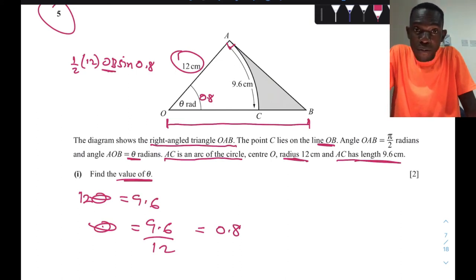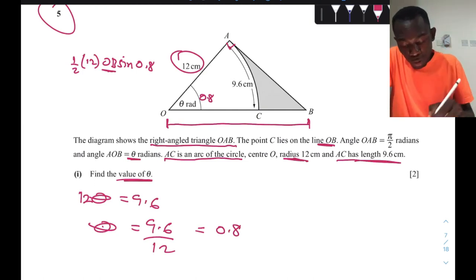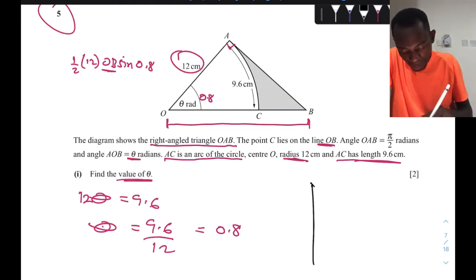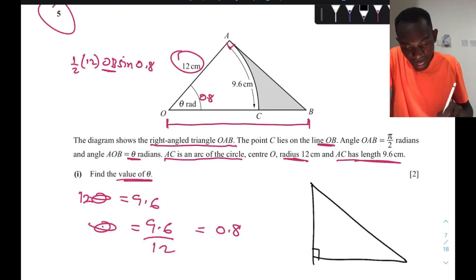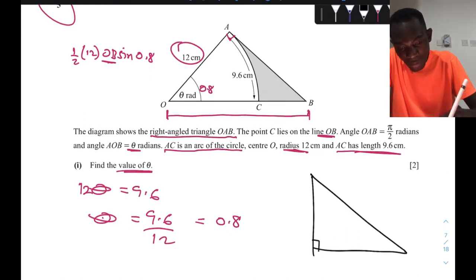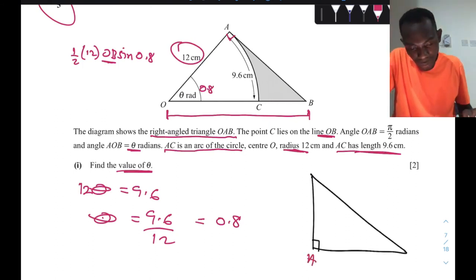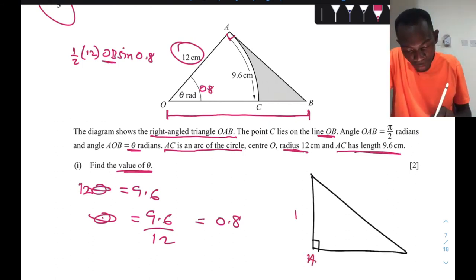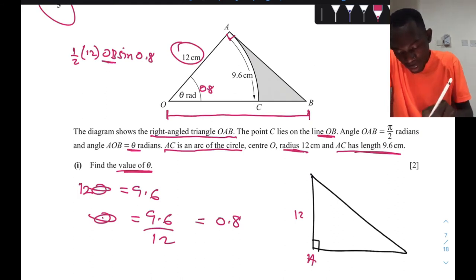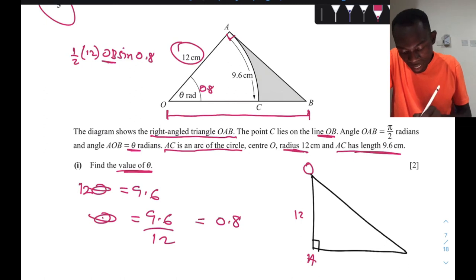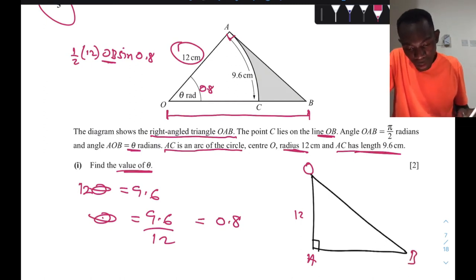Great, I just remembered. We are dealing with a right angle triangle. That is why it's cool, because you can extract this whole shape out, maybe like this. You draw it like that, where the 90 degrees is A, so call that A. And then you have a 12 here that goes to O. The 12 is OA, so you can just call this O, and the other side is B, and that is what you don't know.